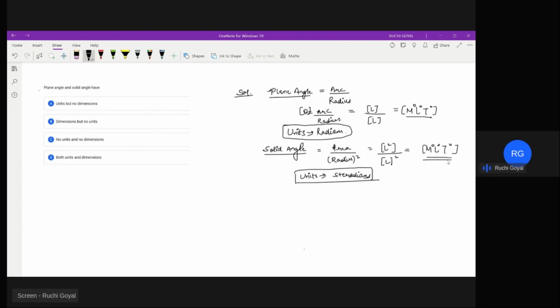So from here we can say that plane angle and solid angle have units but no dimensions. Which option is matching from here? A option will be the correct one, because dimensions are not there.